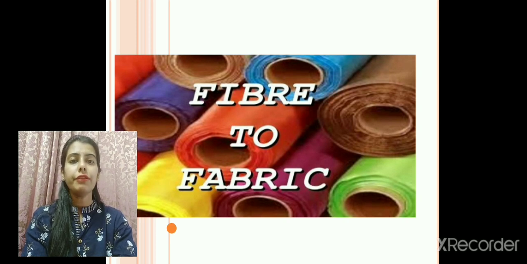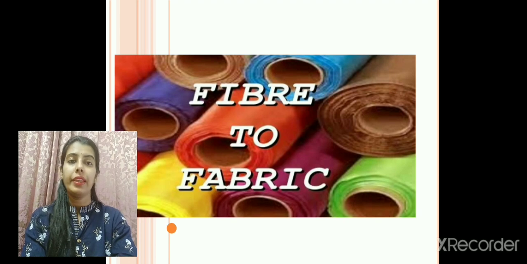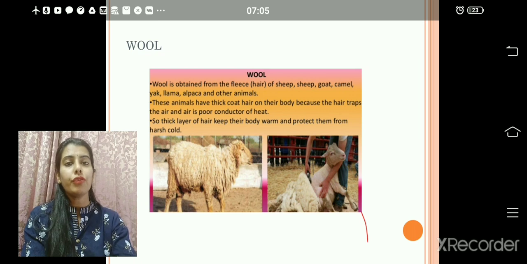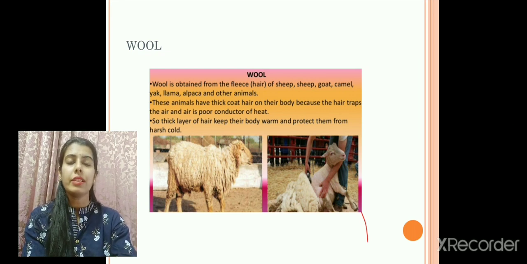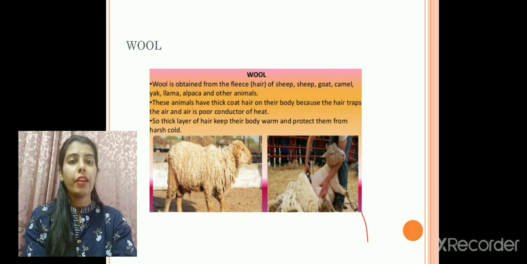Now wool is a fabric which is worn in the winter season. So from where is wool produced? Wool is produced from the fleece of animals like sheep, goat, camel, yak and many others. This fleece or hair of the animal has the property of trapping a lot of air between it.